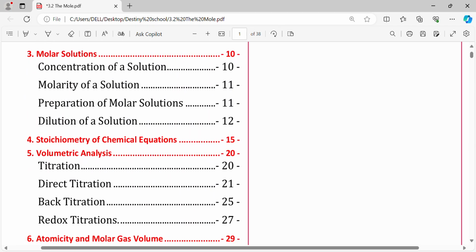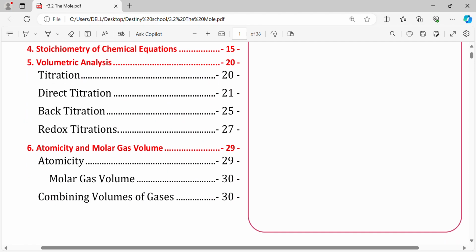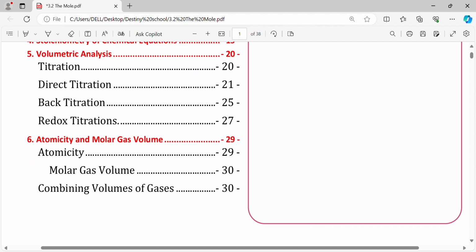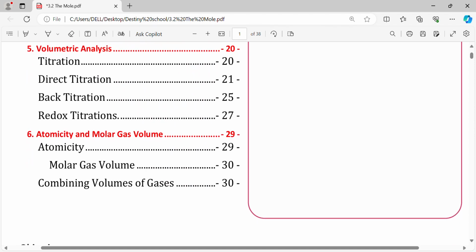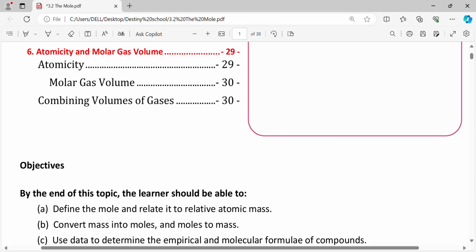We'll also study the molar solutions. Number 4, we'll capture stoichiometry of chemical equations. We'll also talk about the volumetric analysis, which is the titration. We'll talk about atomicity and molar gas volume. So these are the things that we'll talk about.